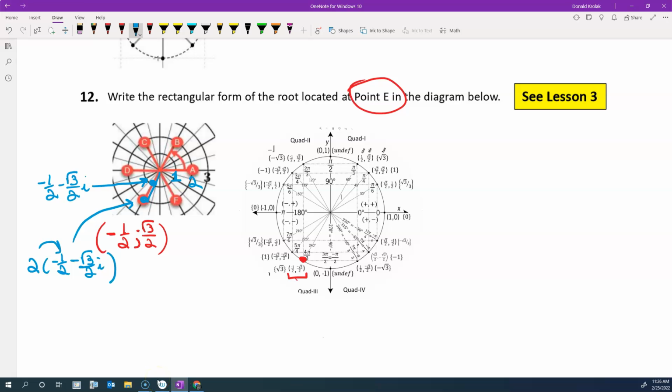So I just distribute that. And I get negative 1 minus root 3 i.